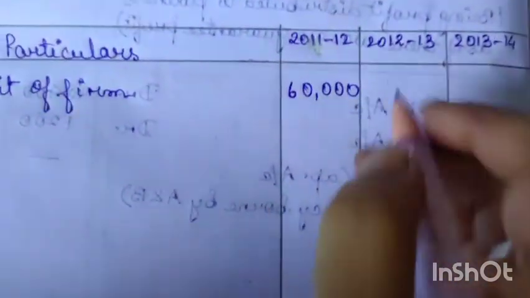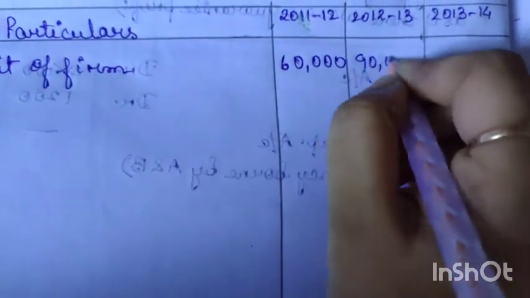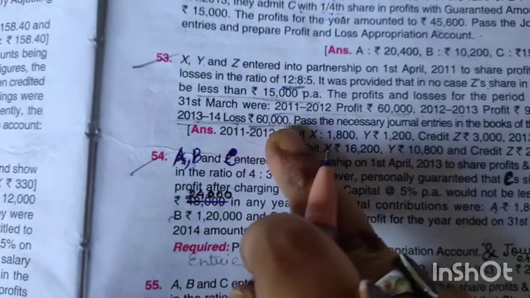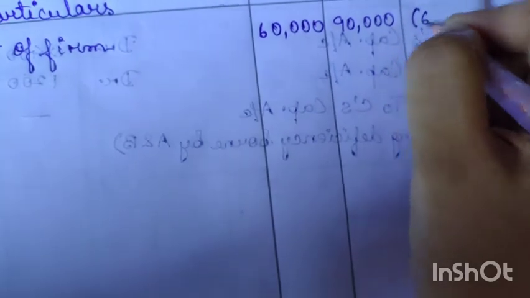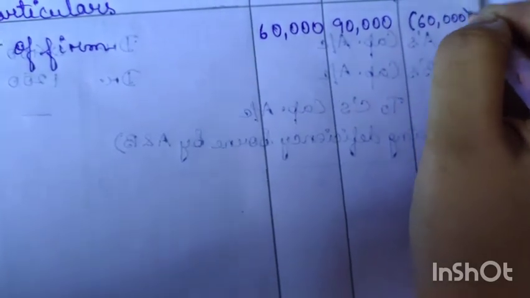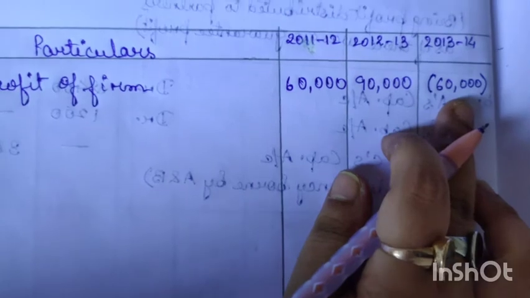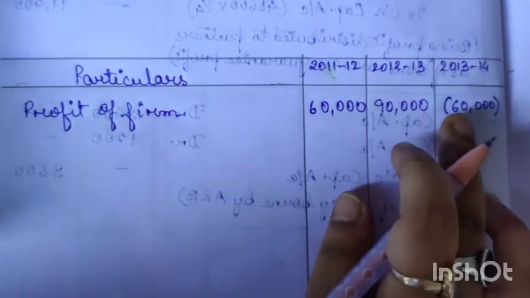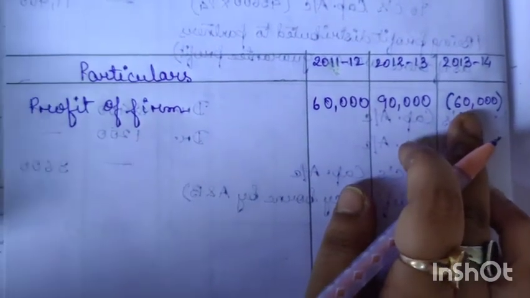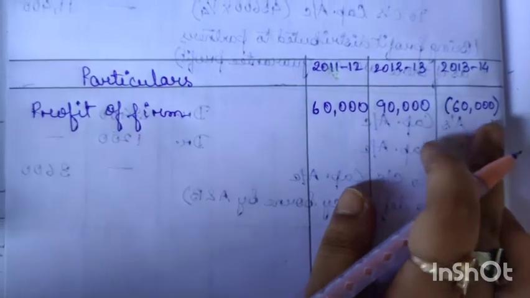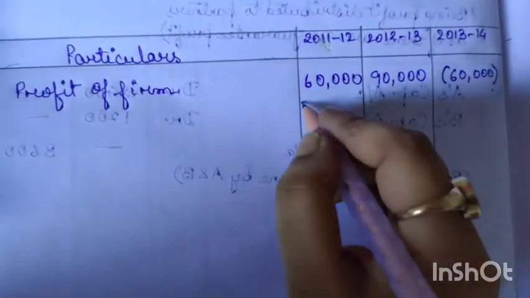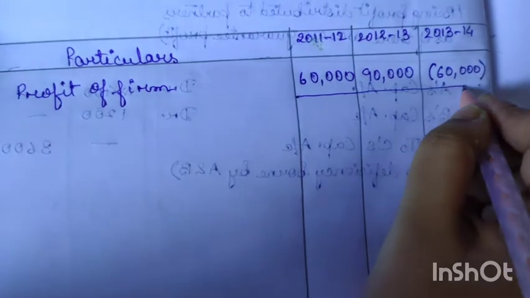In the second year the profit was 90,000, but in the third year there was a loss of 60,000. So since there was a loss, we will write it in bracket. Bracket indicates minus balance. Don't forget, bracket indicates minus balance. So loss means negative, means minus, so we have given a bracket over here. Okay, so this was the profit of the firm.